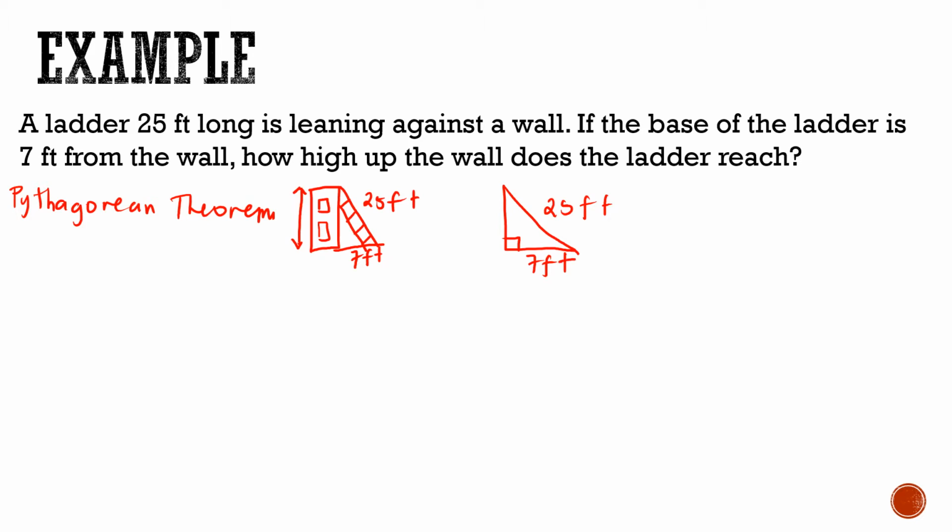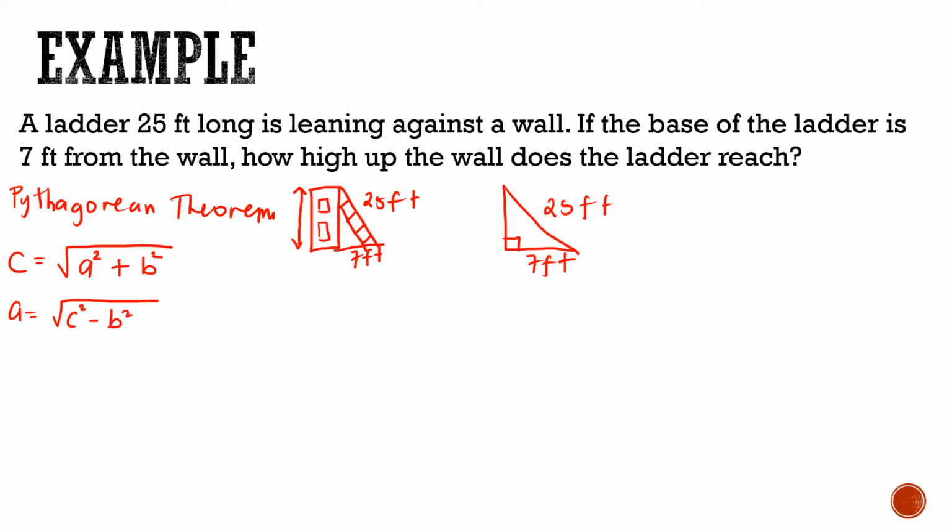The Pythagorean Theorem states that the hypotenuse, or the longest side, which is represented as C, is equal to the square root of the square of the adjacent side, represented as A, plus the square of the opposite side, represented as B. Therefore, if we want to find the adjacent side, the formula is A is equal to the square root of the square of the longest side, the hypotenuse, minus the square of the opposite side.